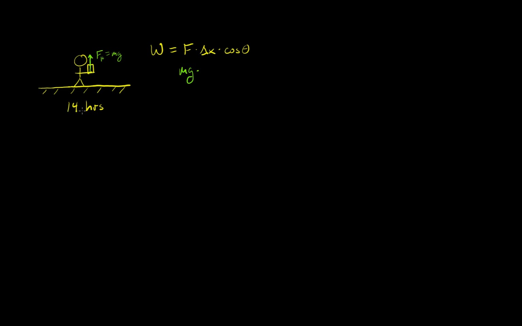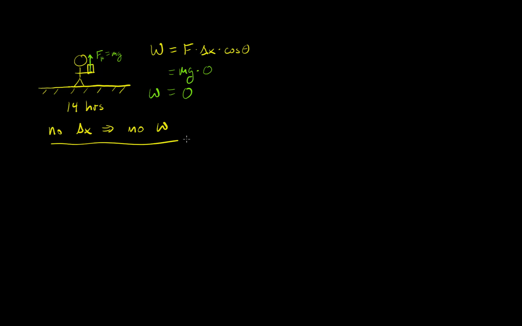Well, he was standing there for 14 hours holding it still, so the displacement is 0. And so I don't even care about the cosine, because the work in this case is 0. If there's no displacement, then there's no work. If it doesn't move, there's no work.